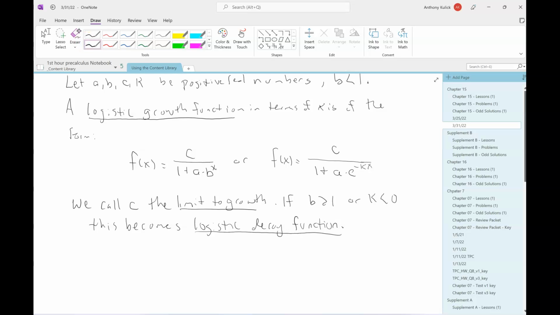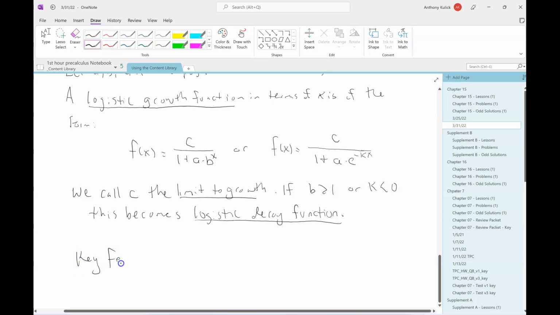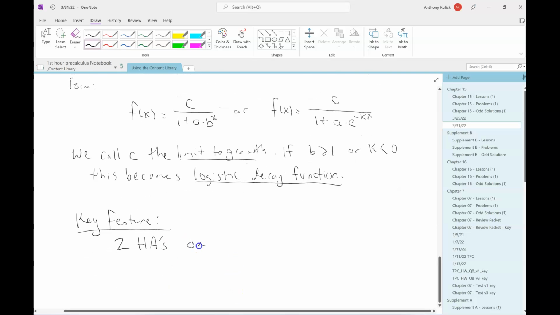So the thing that's important about this is that these logistic growth and decay functions have two horizontal asymptotes. One of them is going to be the x-axis, and the other one is at y equals c.